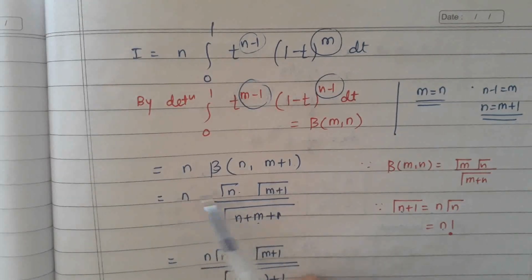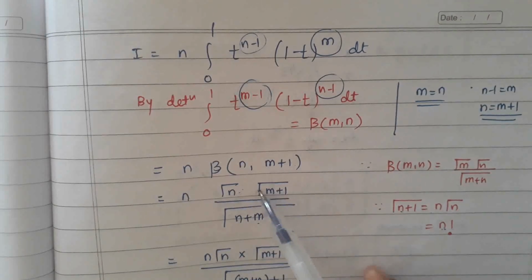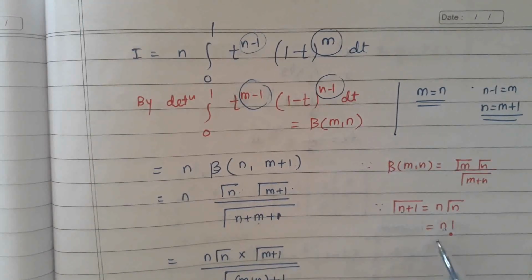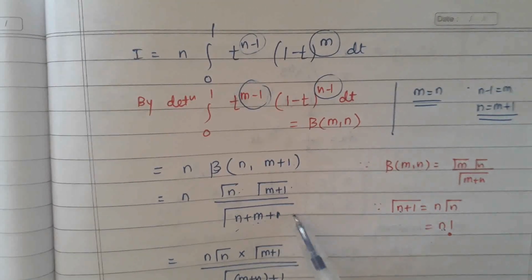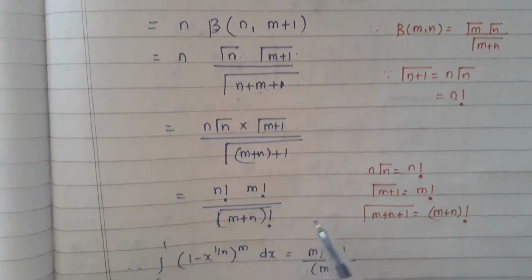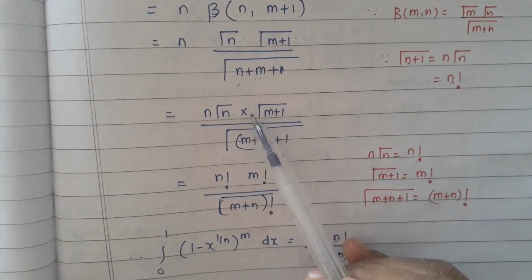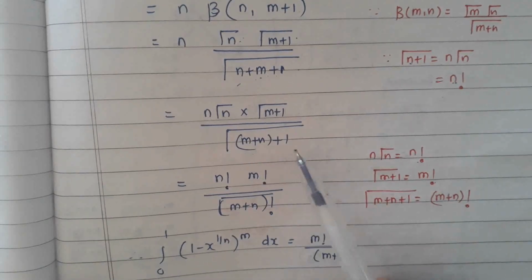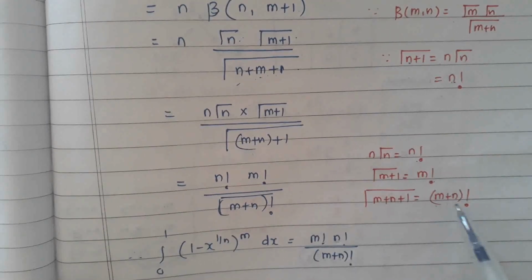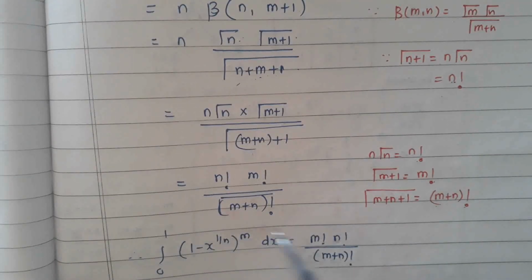So write down n gamma n as n factorial, gamma(m plus 1) as m factorial, and gamma(m plus n plus 1) as (m plus n) factorial. So we can express this integral in the form of gamma function.